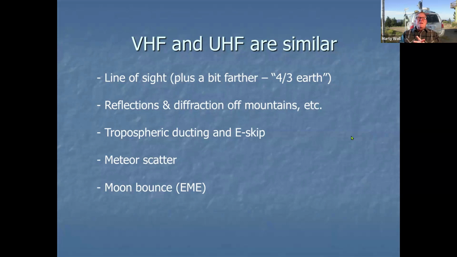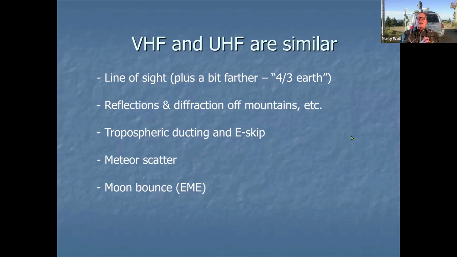Tropospheric ducting is different. This is the lowest layer of the atmosphere, and what happens is you get a layer that has a temperature and moisture differential, and it can form almost like a waveguide that follows the curve of the Earth.